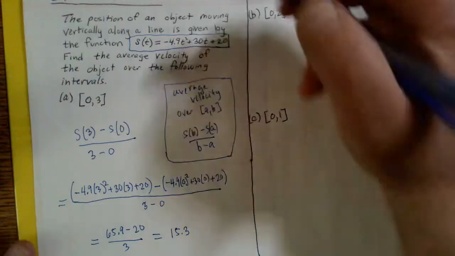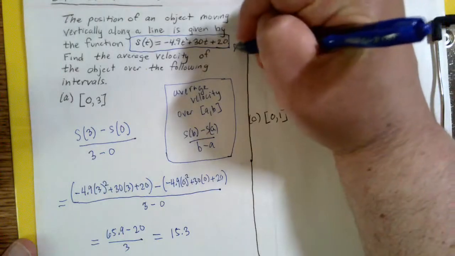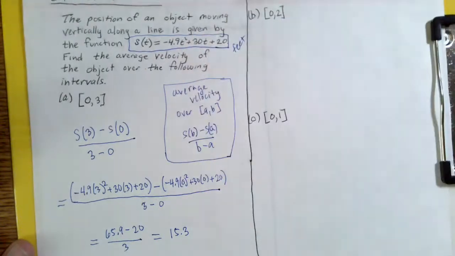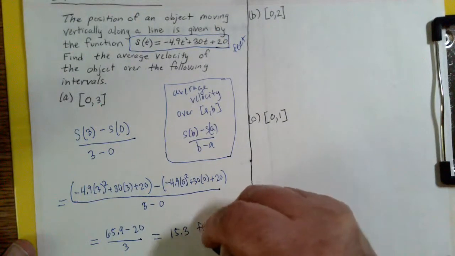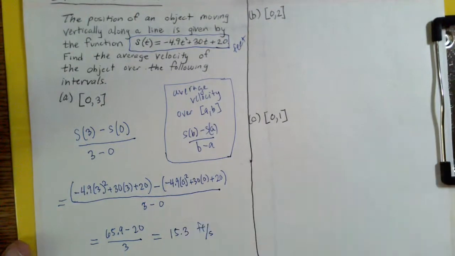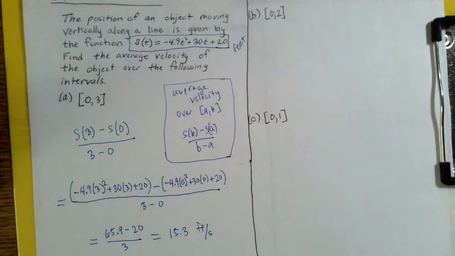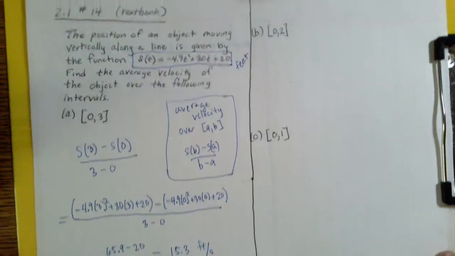So if this was in feet and time is in seconds, this would be in feet per second. Okay. Just happened that in this problem they didn't include units with the statement of the problem.